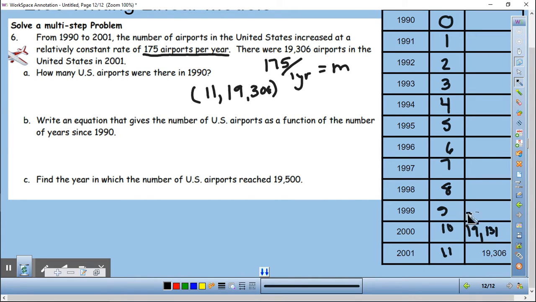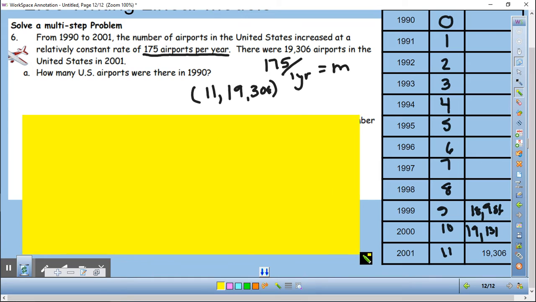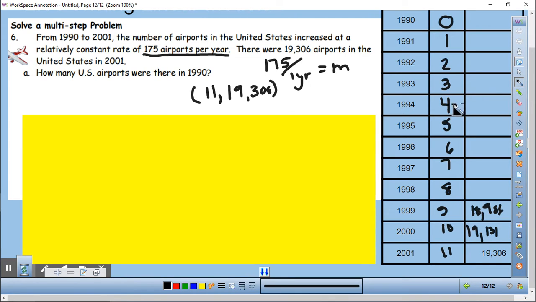I could do that again and get 18,956. But I don't want to have to do that. And what if we were talking about a span of 50 years? You certainly wouldn't want to subtract each of those and go all the way back to the 0, which is what it's asked here. So instead, I'm going to use the point and the slope and write an equation. I'll use that to answer the question.